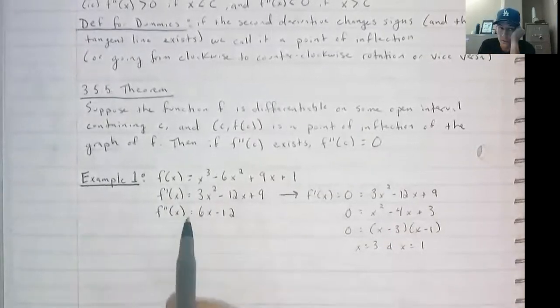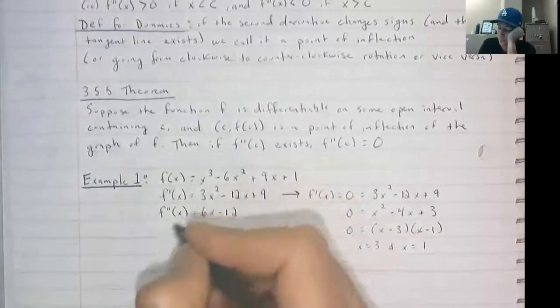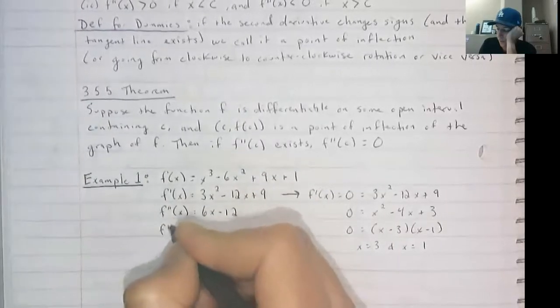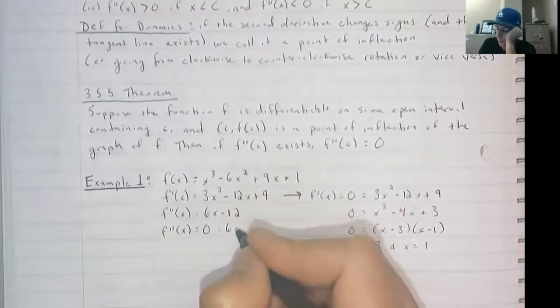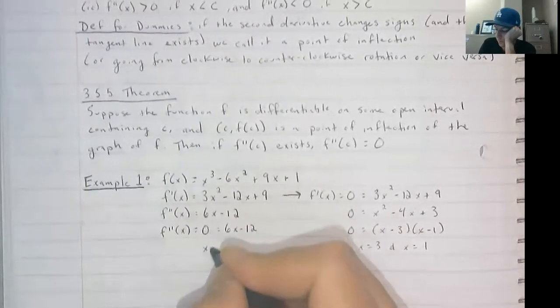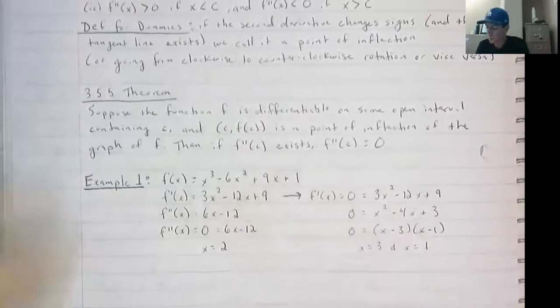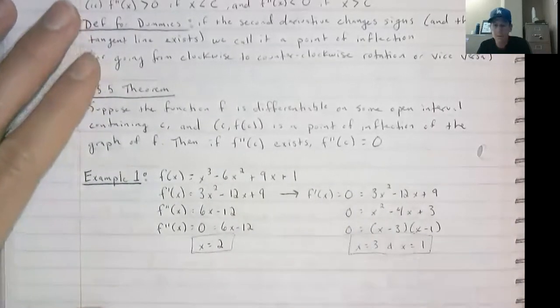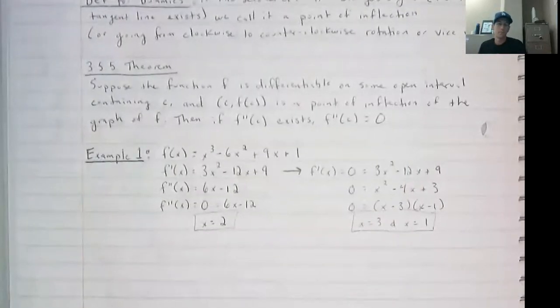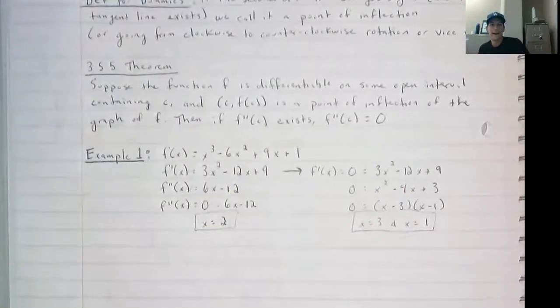And then again, our second derivative exists everywhere, but f double prime is equal to 0 when 6x minus 12 is equal to 0, or when x equals 2. So these 3 points are going to form the fence posts, if you will, for our chart.